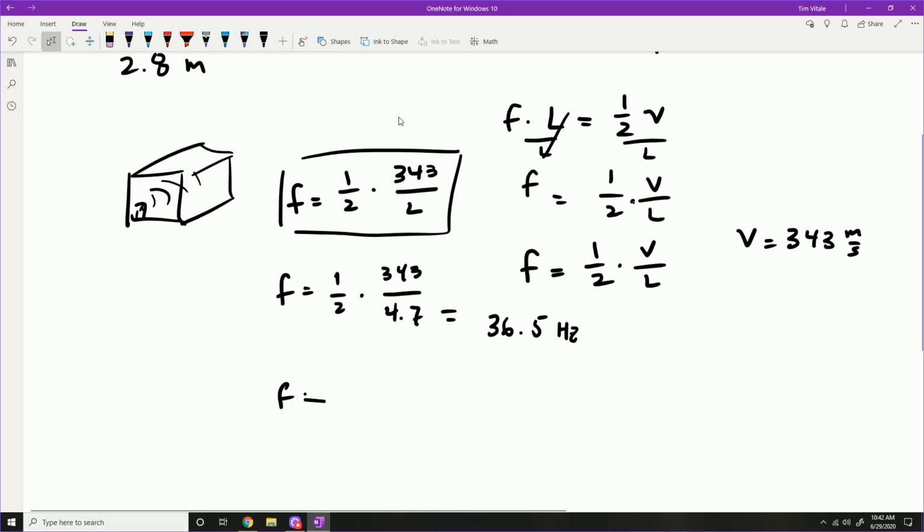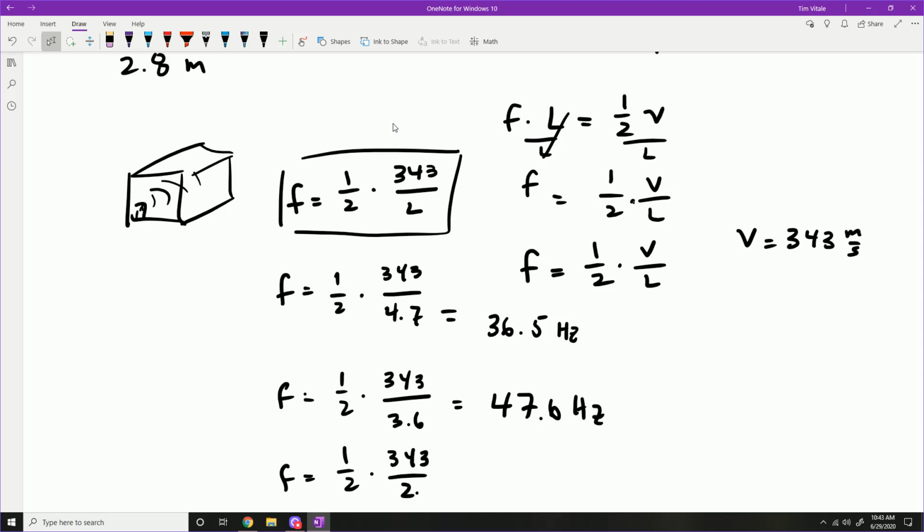Then the next one, 1/2 times 343 divided by 3.6. Put that in the calculator again, and I get a frequency of 47.6 hertz. And then the last one is 1/2 times 343 divided by 2.8. When I put that into the calculator, I get 61.3 hertz.